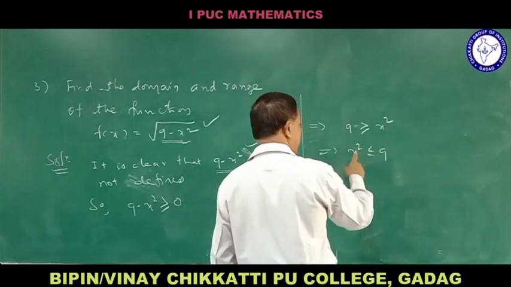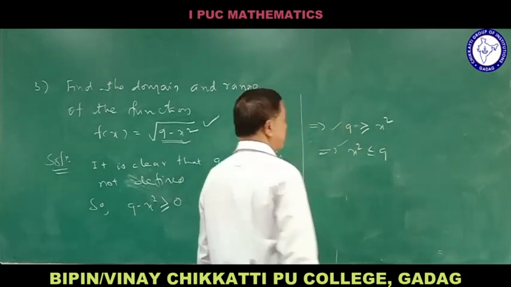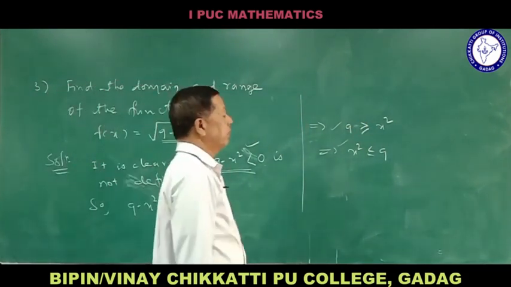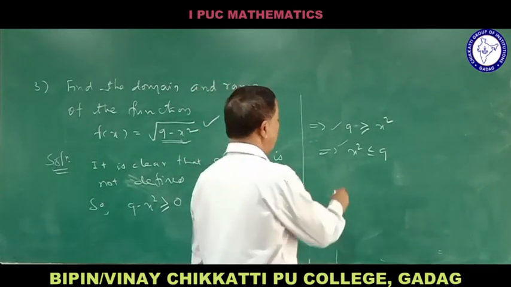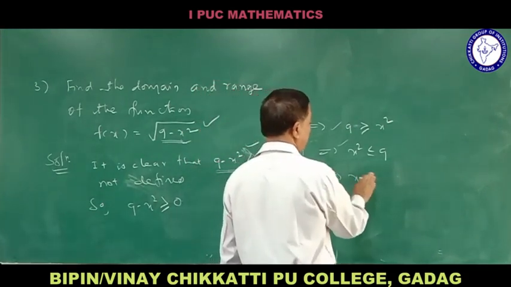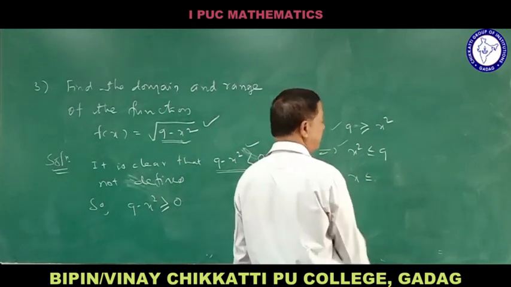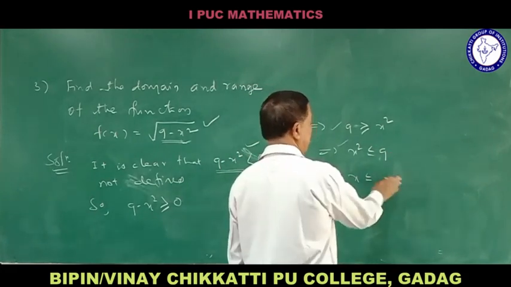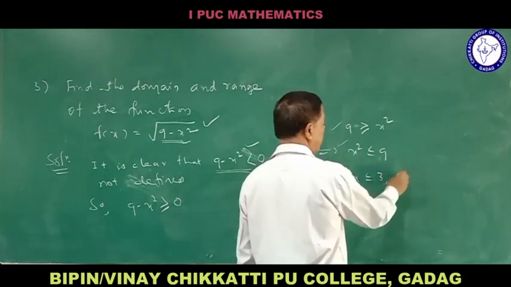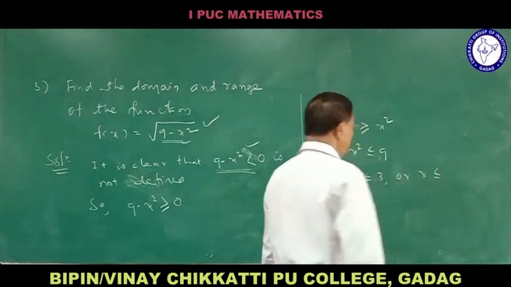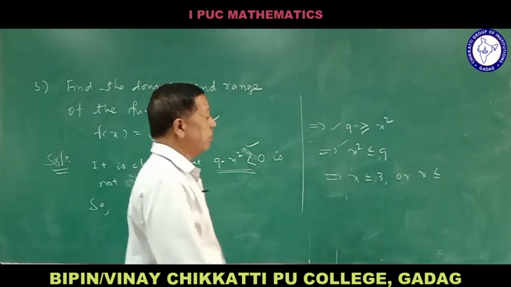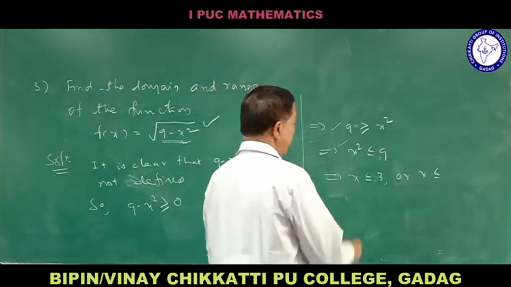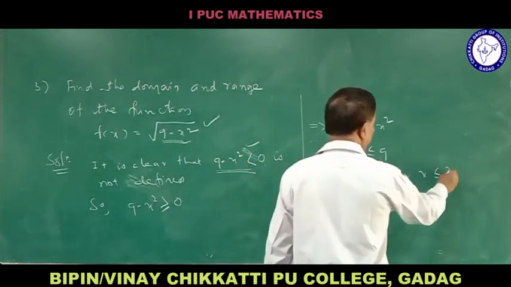From here to here, try to understand how we got that step: adding x square to both sides. So x square is less than or equal to 9, and when you go for x, you take the square root, plus or minus 3. So x is in between minus 3 and 3: x is greater than or equal to minus 3 and less than or equal to 3.